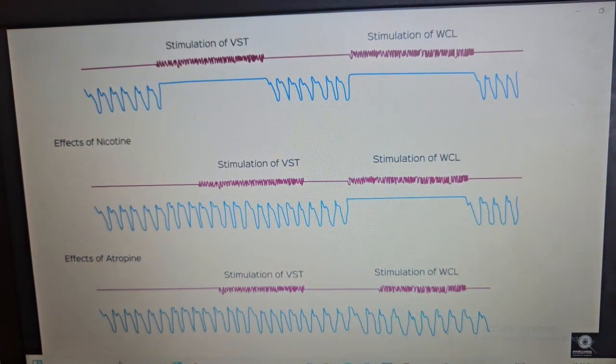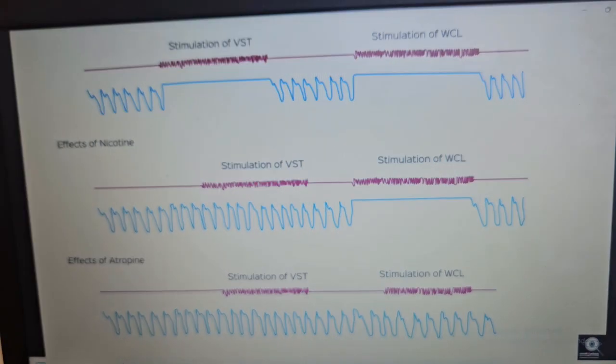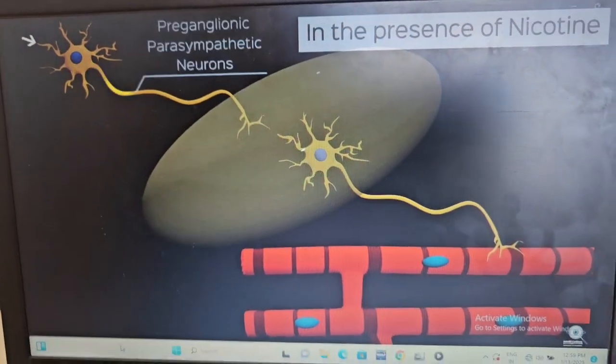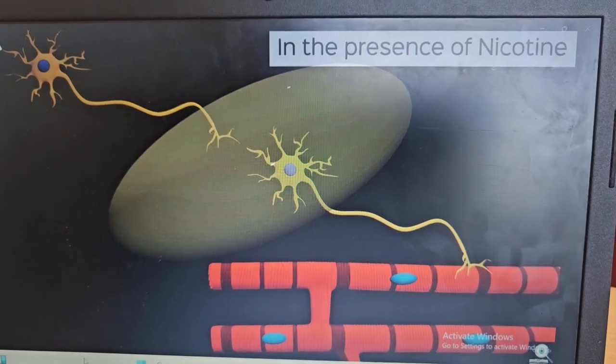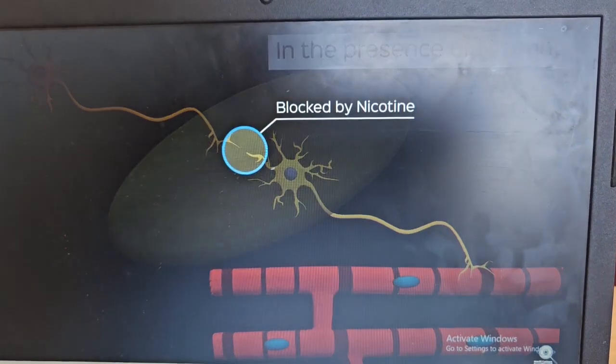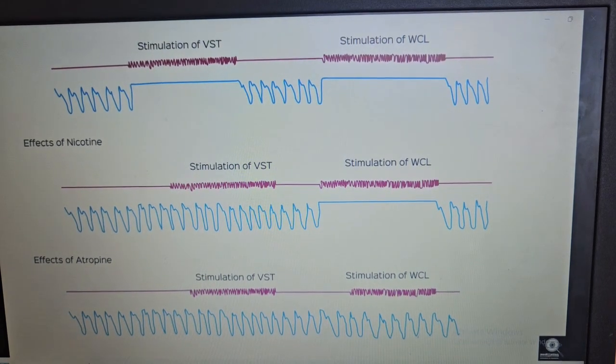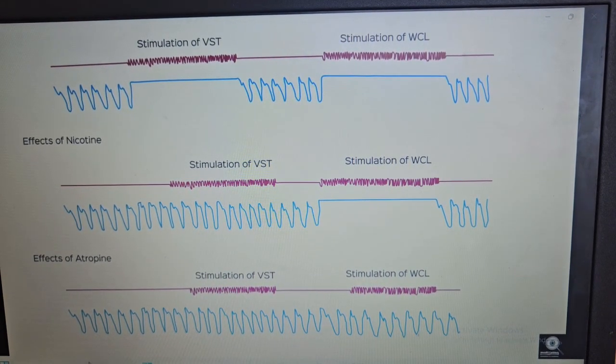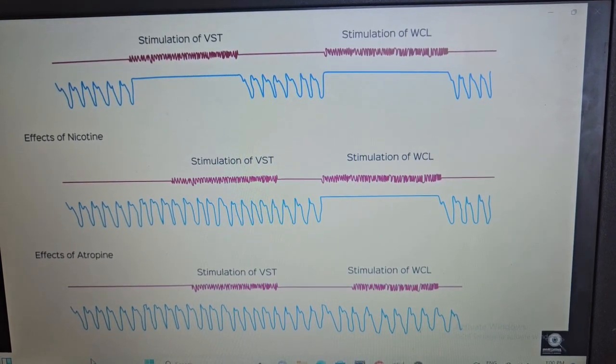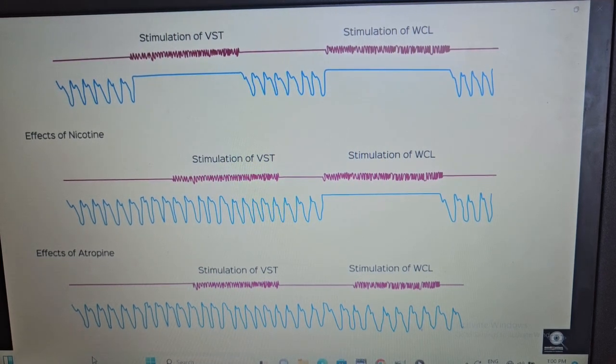So when we apply nicotine to the heart and then stimulate the vagosympathetic trunk, the impulse travels through the preganglionic neurons but is not transmitted to the postganglionic neurons. The nicotine blocks the nicotinic receptors. When we stimulate the white concentric line directly, we stimulate the postganglionic neurons directly. This impulse reaches the heart muscles and thus the heart stops beating.